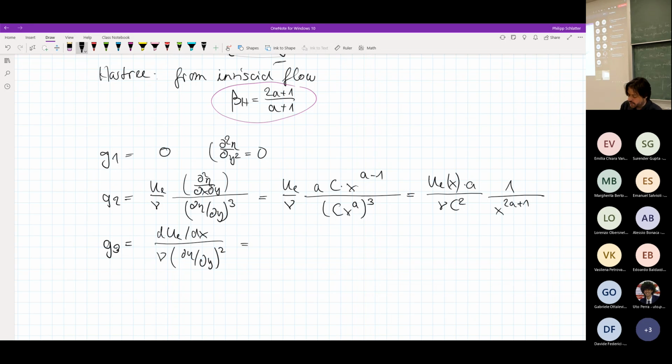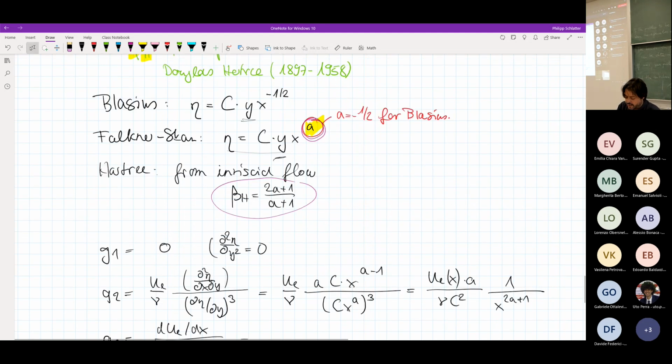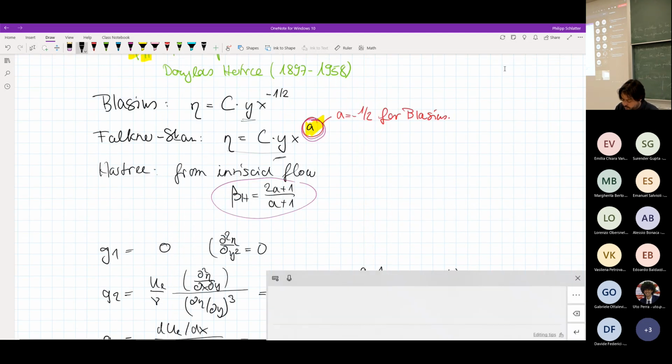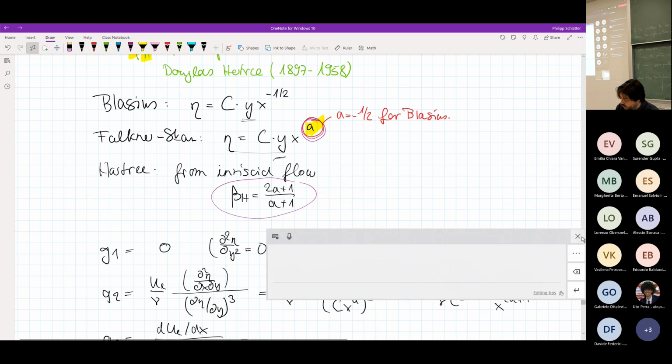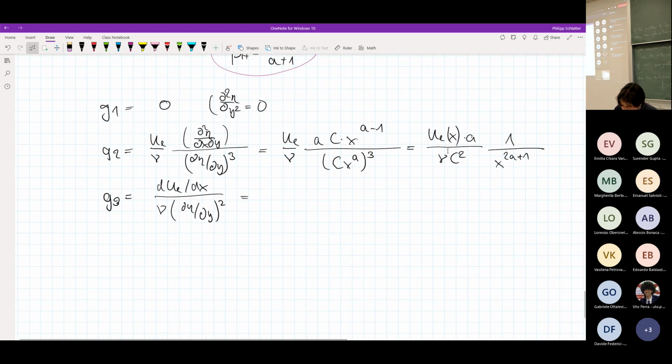And also this I can now express in terms of my eta that I have assumed here, which will become du_e dx divided by nu times c squared x to the 2a. So now what I need to make sure is that these two, they need to become independent of x and y. They're only allowed to be functions of eta. Only then we can do a similarity solution.